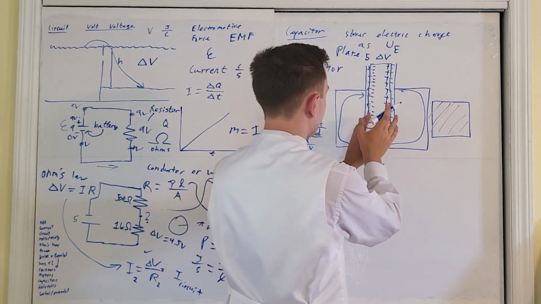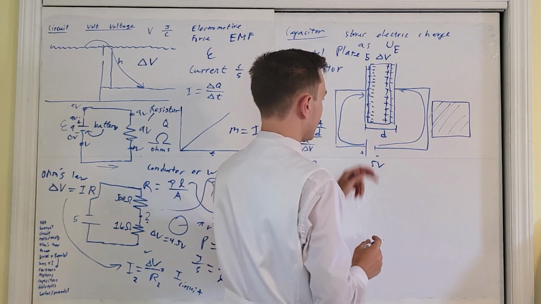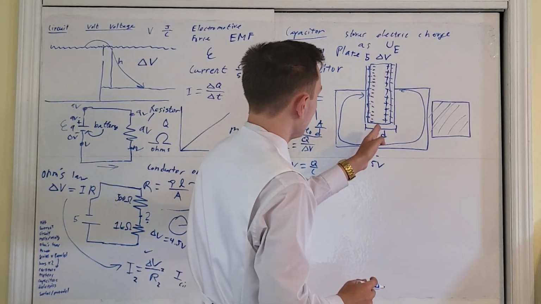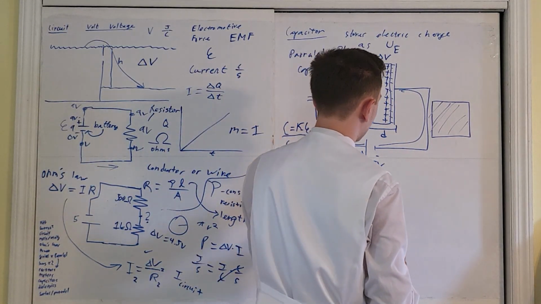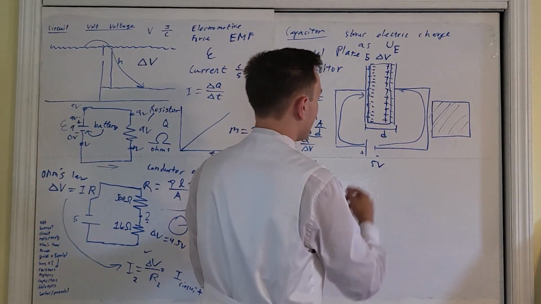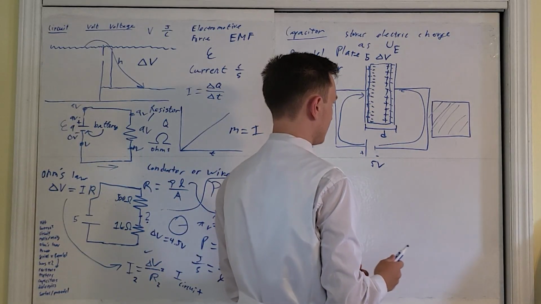Now that we have induced a dipole in the dielectric, positive charge on the right, negative charge on the left, positive charges attract the negative charges, which means this positive charge on the dielectric allows more negative charges from the battery to flow onto the plate, okay?